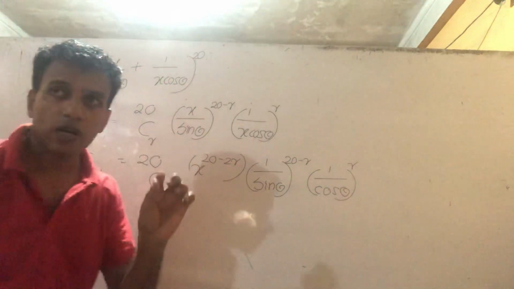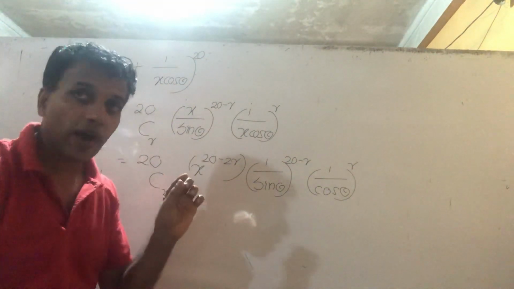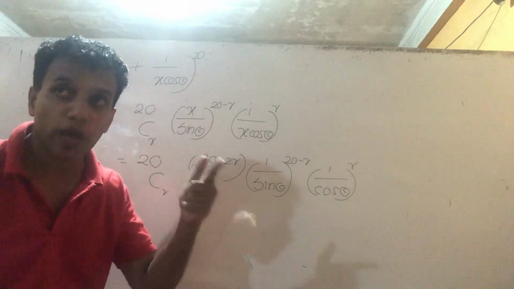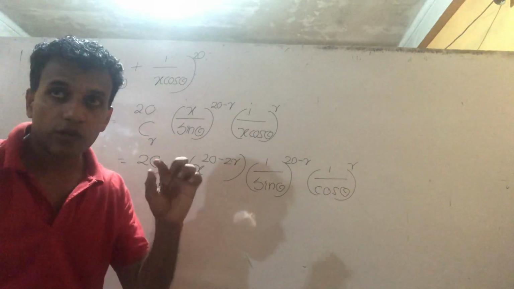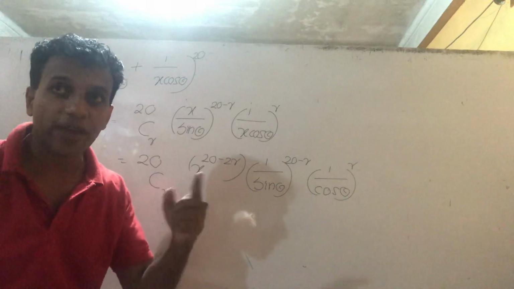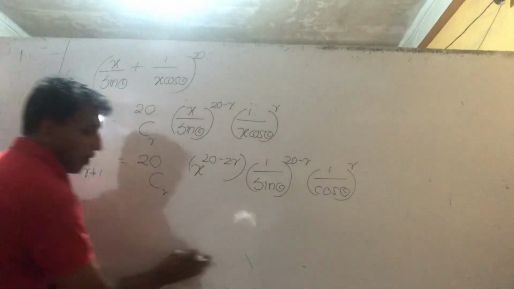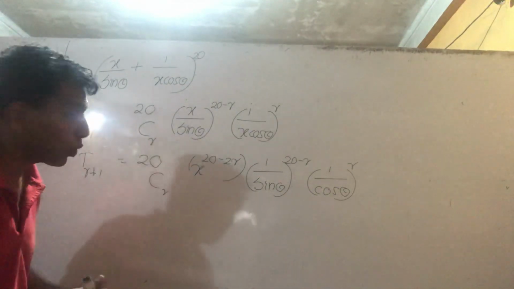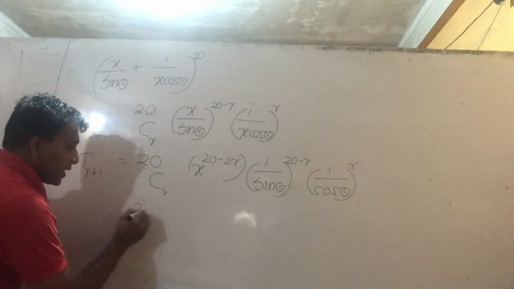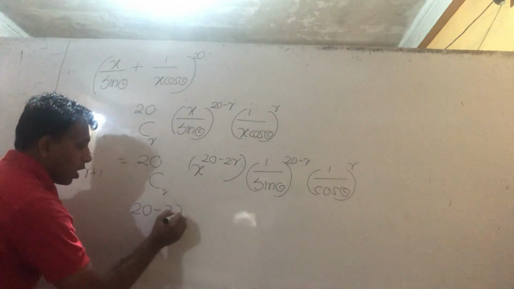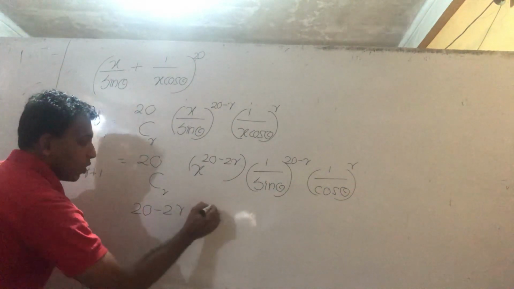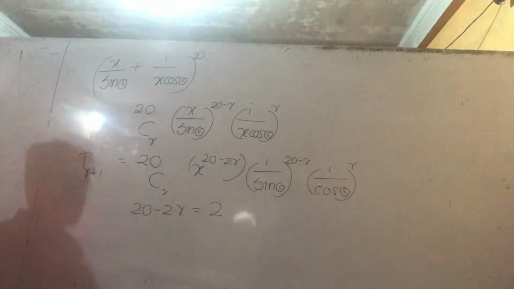Therefore, to find the coefficient of x square, write that: 20 minus 2r to be equal to 2.